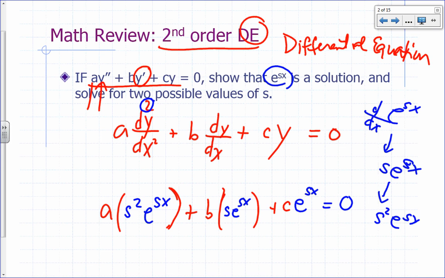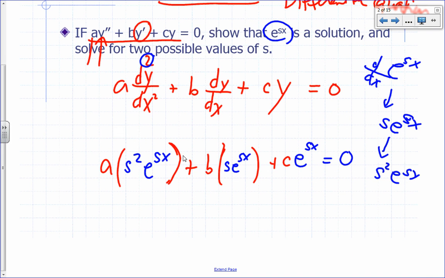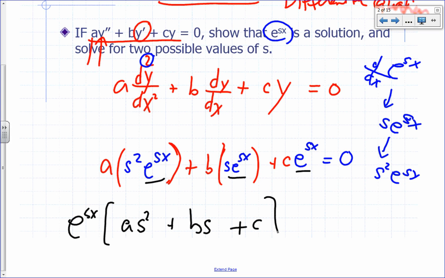Can I factor something out here? e to the sx, I can factor that out. e to the sx times a s squared plus bs plus c equal to 0.